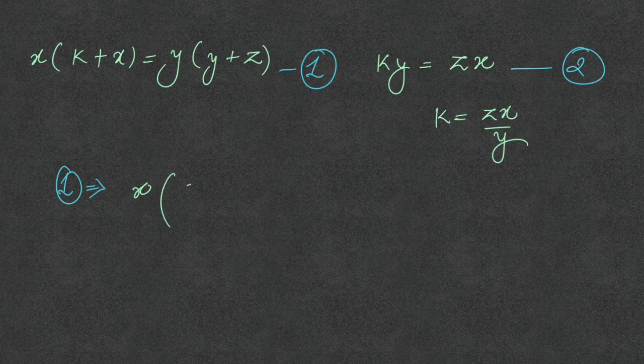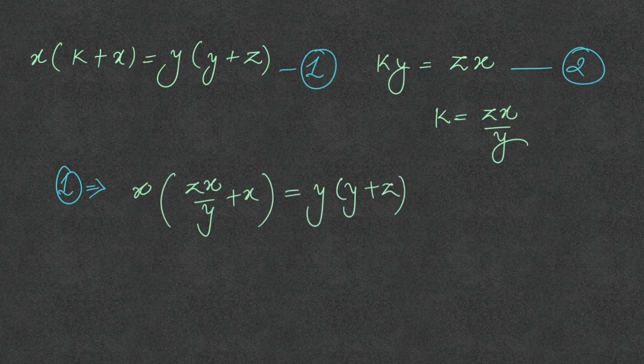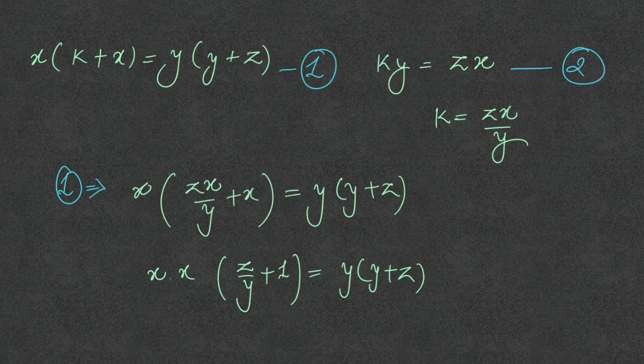Now using this value in equation number 1, it becomes x into zx upon y plus x equal to y times y plus z. Taking x common from the bracket, we get x into z x upon y plus 1 equal to y into y plus z. Now taking LCM, we get x square into z plus y equal to y square into y plus z.